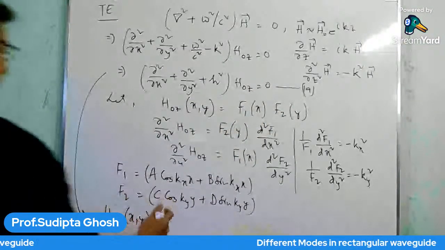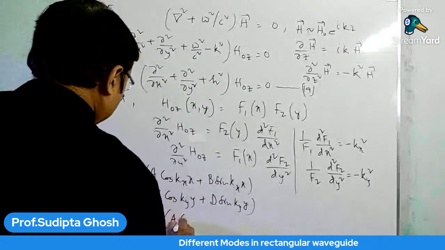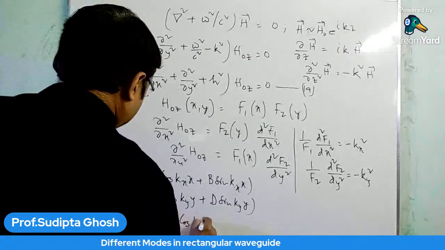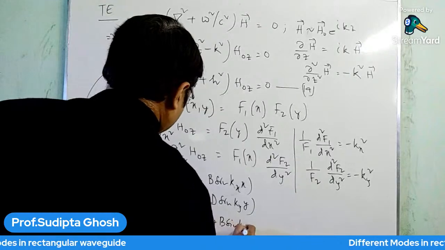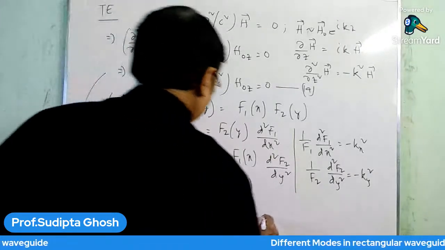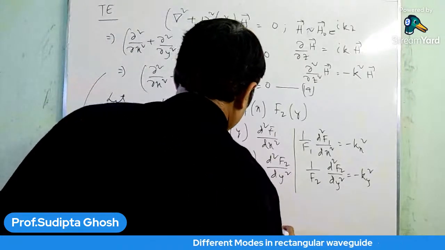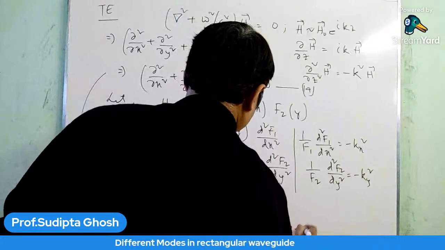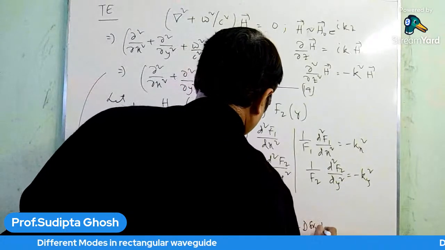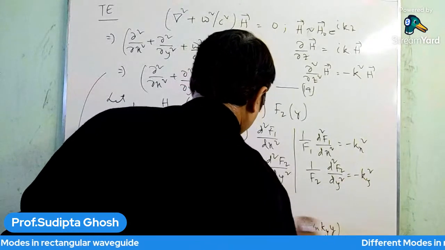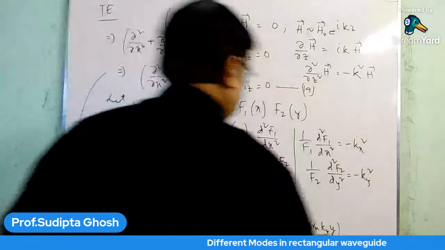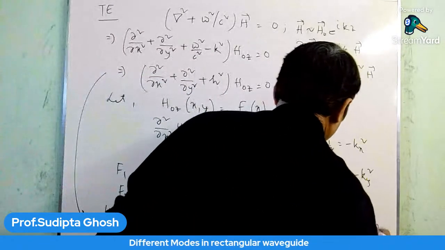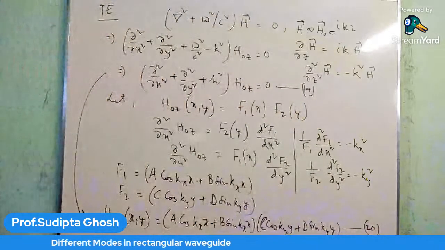Putting the values of F1 and F2, we have A cos kxx plus B sin kxx into C cos kyy plus D sin kyy. This is the final solution of equation number 19, and we write it as equation number 20.